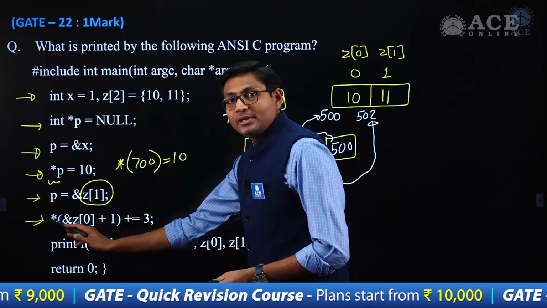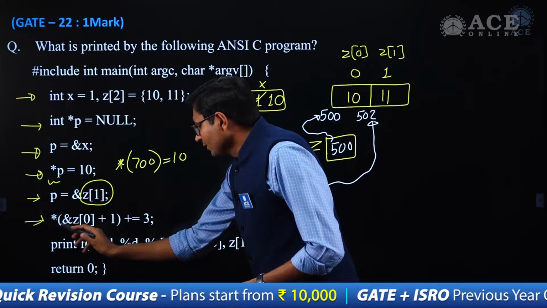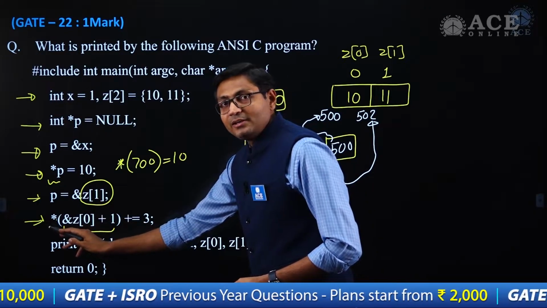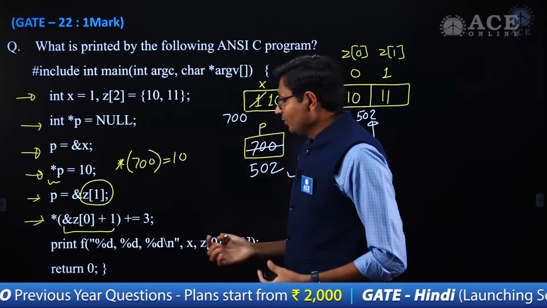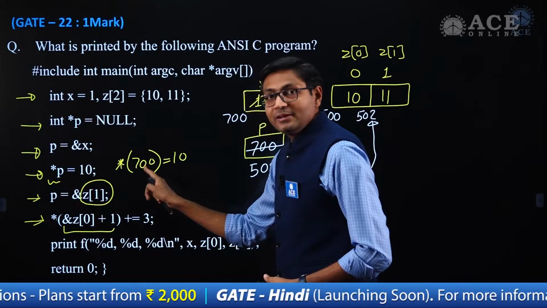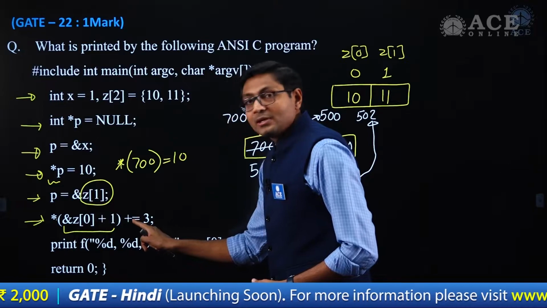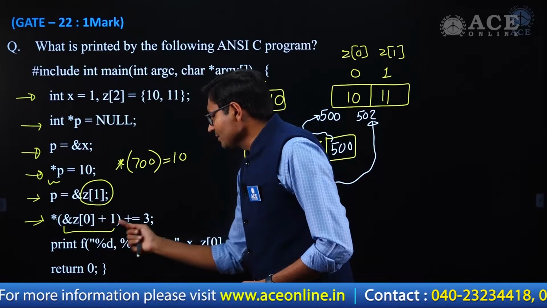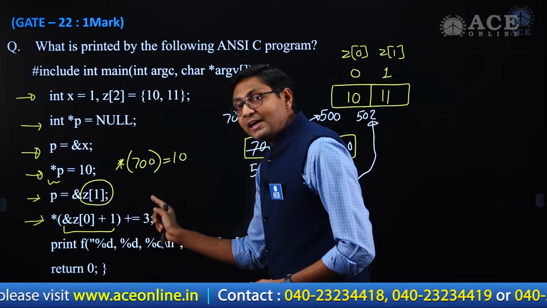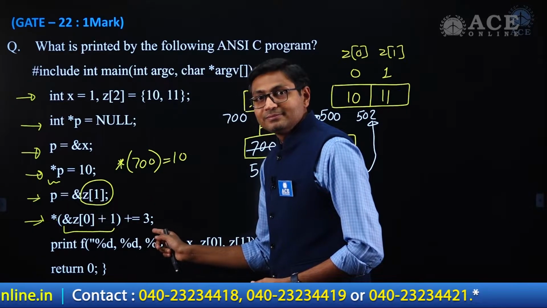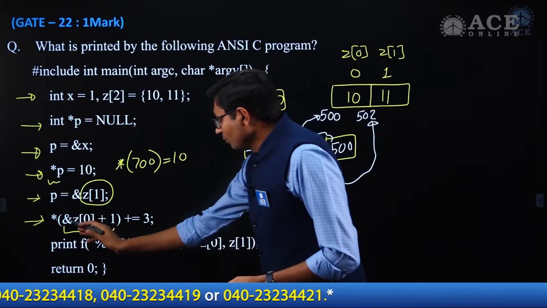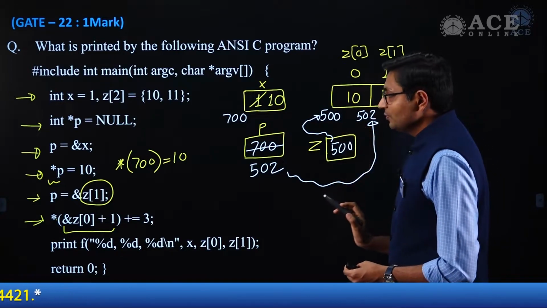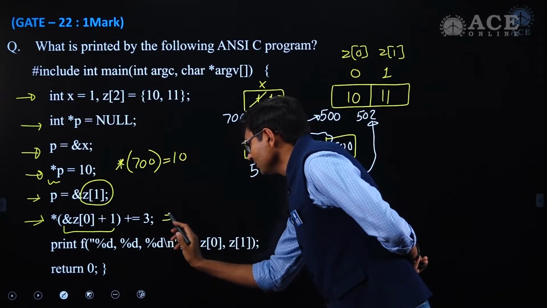Let's go ahead. Again a dereference operator, alright. Let's see what this address is. Whenever there is a dereference operator, it needs an address in front of it. You see, value at some address. So this statement, compound assignment, here it is. So value at some address is equal to that value plus 3. Alright. So what is this address? Address of z0. What is address of z0? That is 500. I will rewrite this statement.